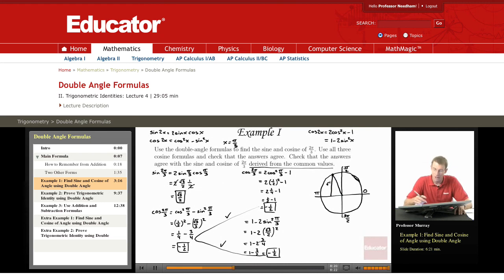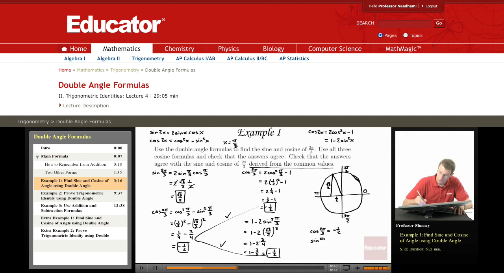So I know the values there are root 3 over 2 and 1/2, and I just have to figure out which ones are positive and which ones are negative. I know that the cosine of 2 pi over 3, because that's the x value, and the x value is negative, is negative 1/2.